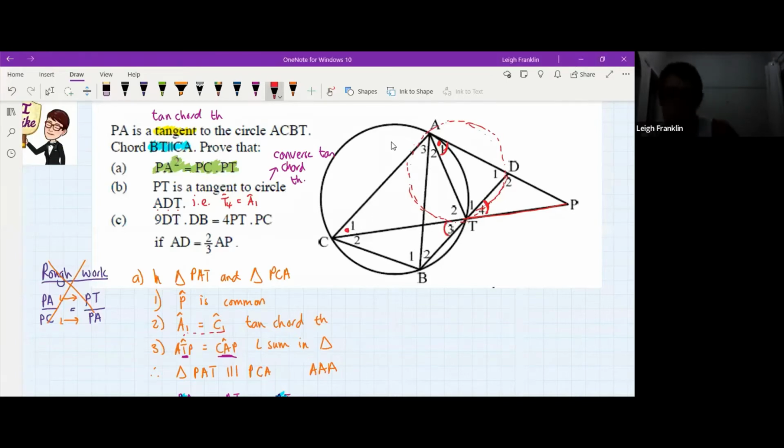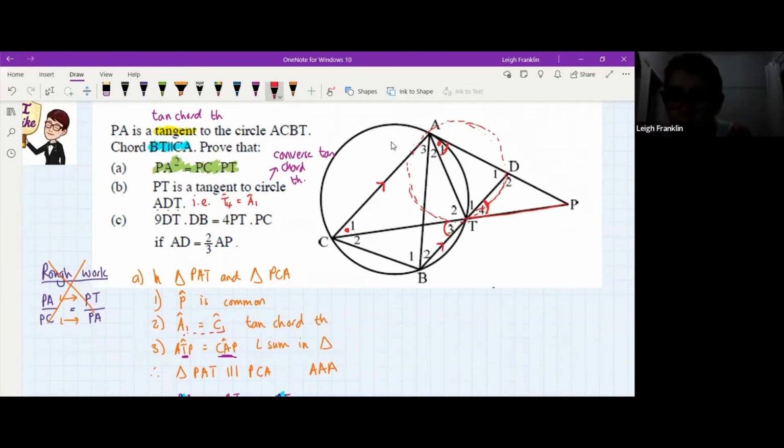Fair enough, because they're vertically opposite. Is there any way that we can relate? Ma'am, can't we say that C1 equals T3 because of alternate angles? Because we also knew in the beginning, unfortunately I've rubbed them off here, that BT and AC were parallel to one another. Absolutely. Okay, so you guys have now found the link between the two.